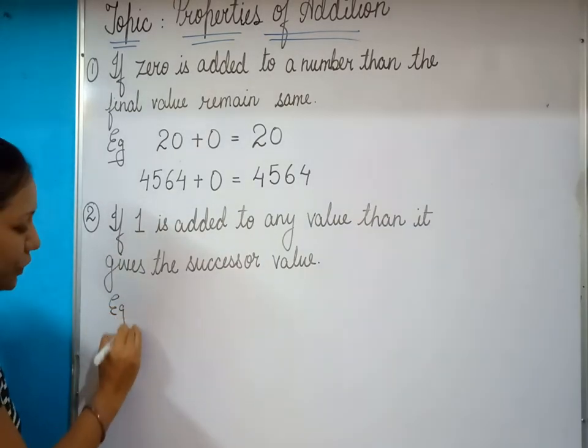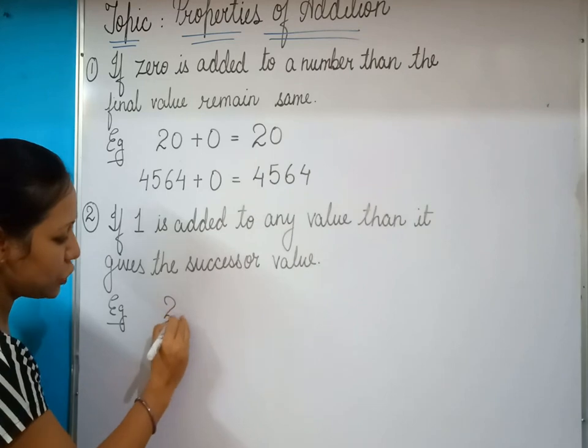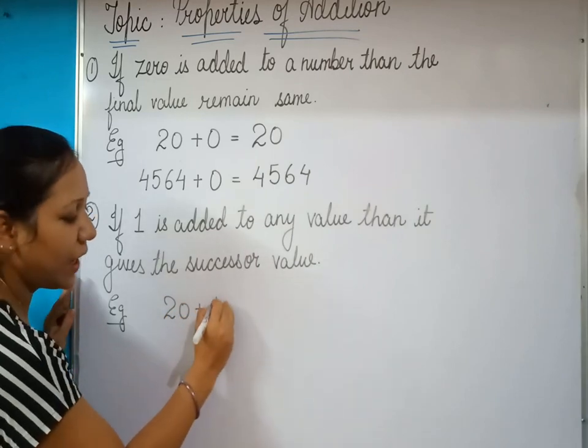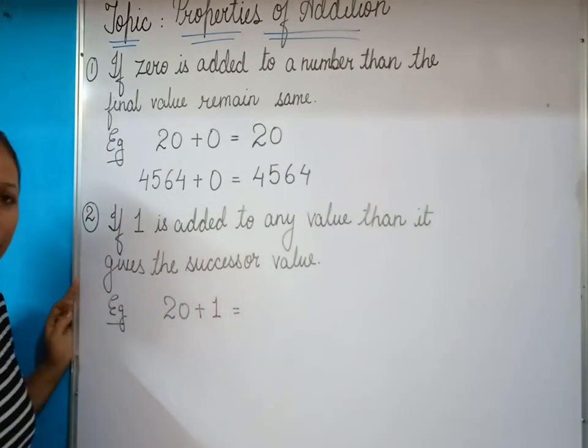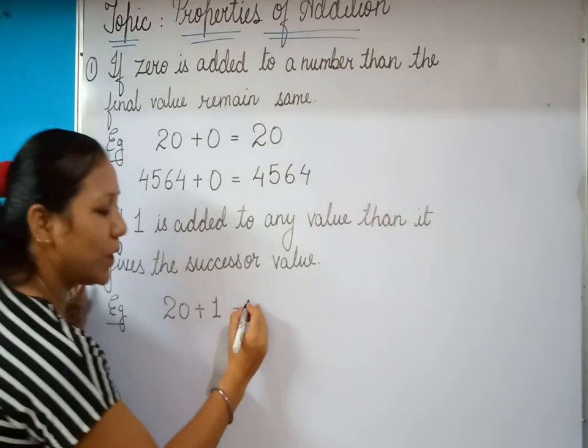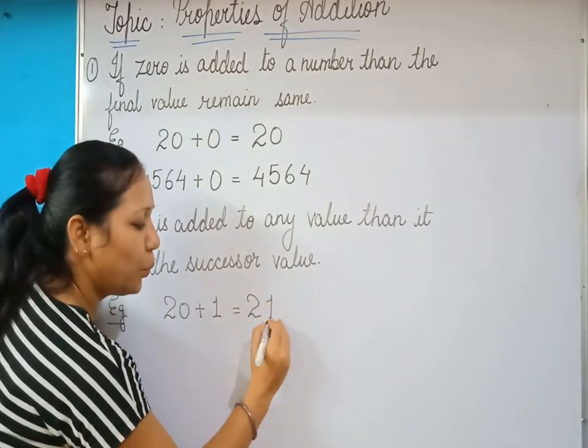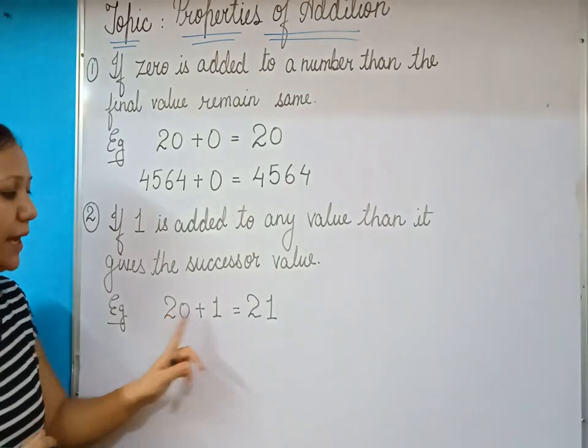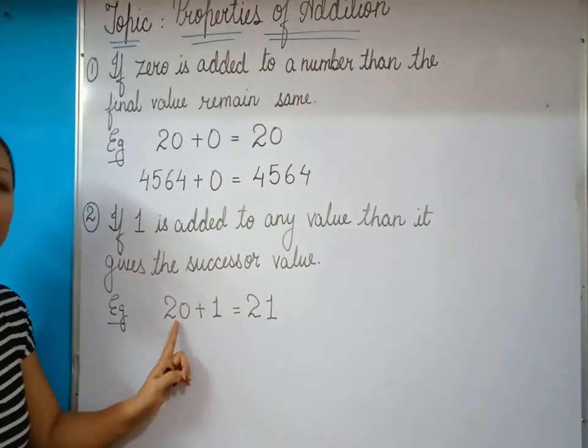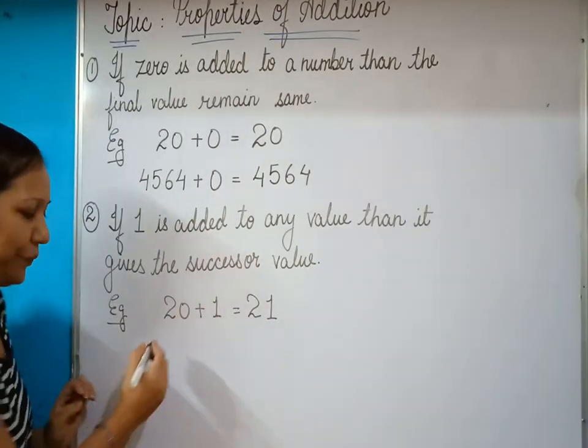Now, taking the example for this, suppose your number is 20 and if I add 1 to this value, so 20 plus 1 gives us 21. And also we can say that 21 is successor of 20.